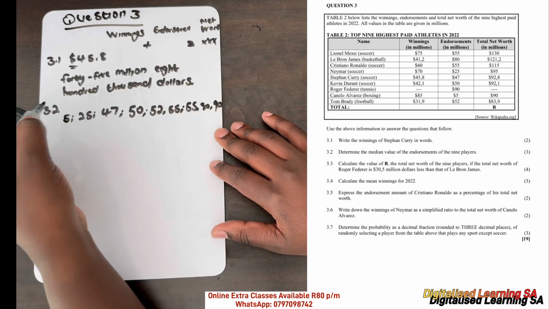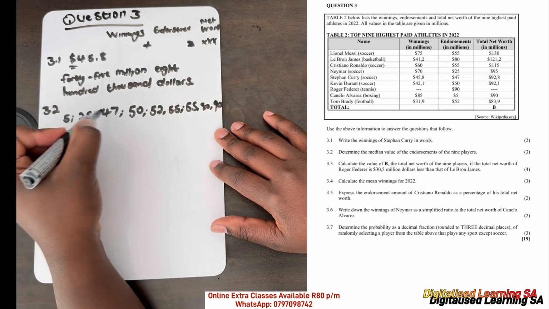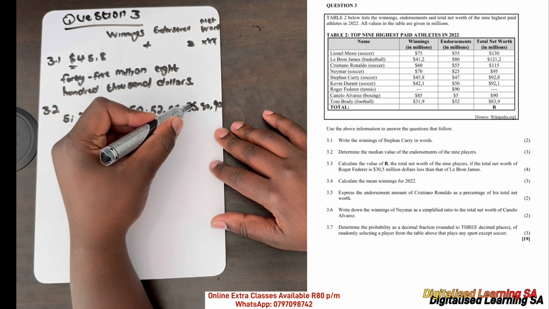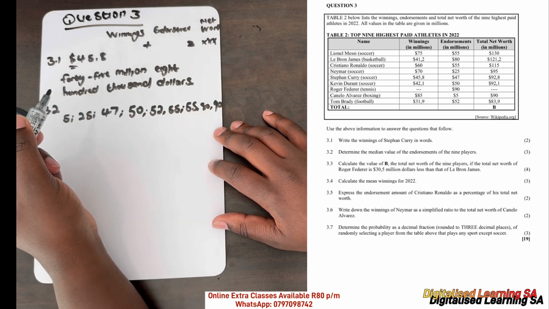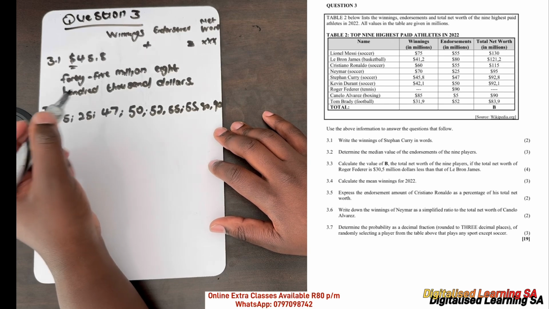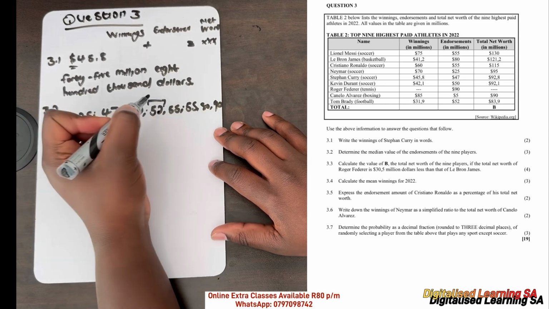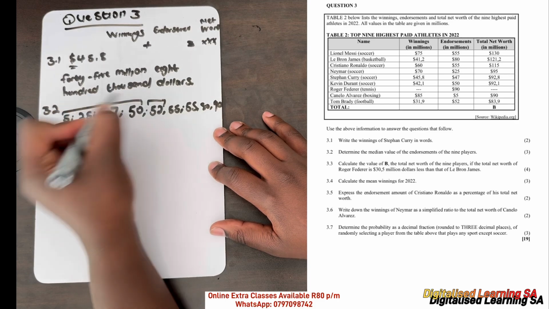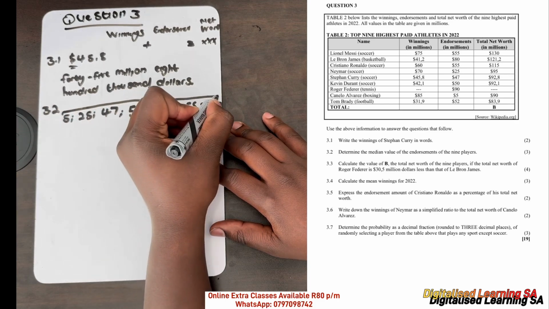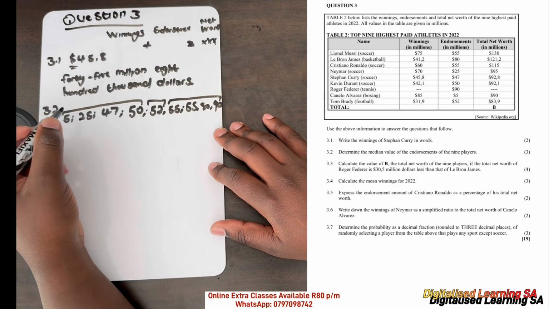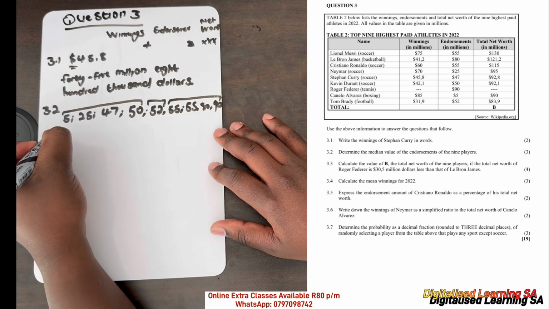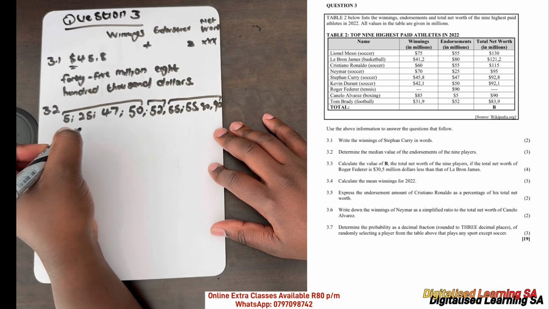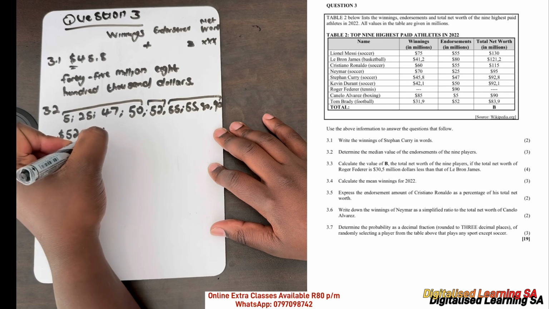So in total they need to be 9: 1, 2, 3, 4, 5, 6, 7, 8, 9. So the middle value, or the median in this case, will be 52 because they are 9. We have 4 this side, and 4 this side. So our median will be 52. Remember, it's in millions, so it will be 52 million.